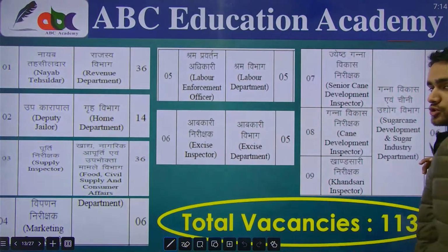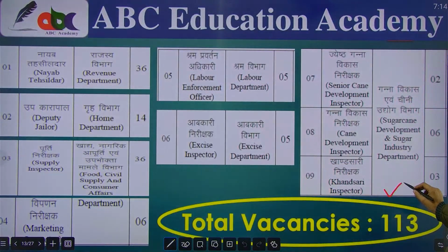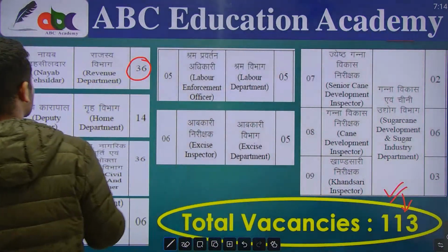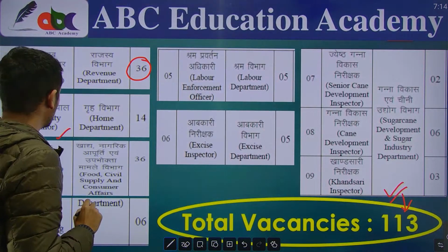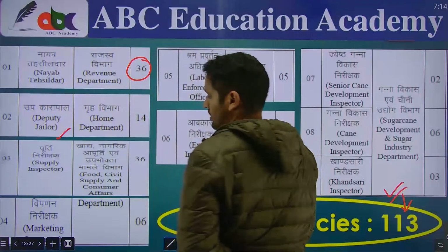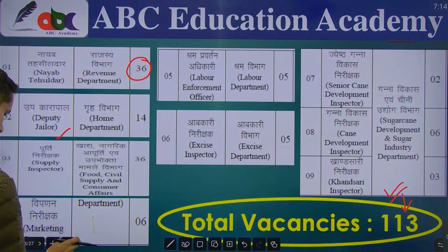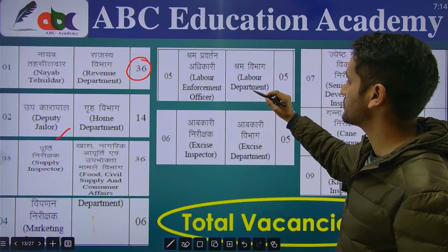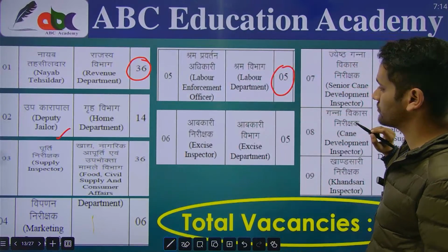And if they have gone through the advertisement and notification, they already know there are total vacancies of 113, out of which 6 posts are assigned to Naib Tehsildar and there are 14 posts of Deputy Jailer, 36 posts for Supply Inspector and 6 posts for Marketing Inspector. Labor enforcement officer has 5 seats.